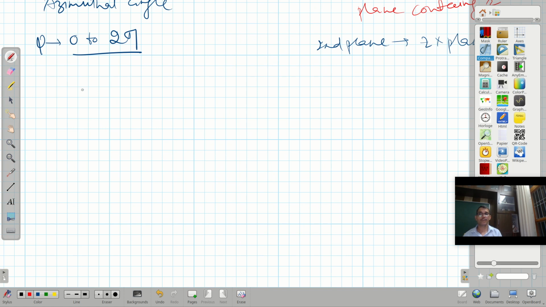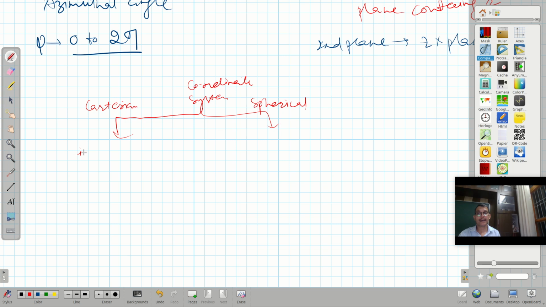There is a difference between the Cartesian coordinate system and the spherical polar coordinate system, let us have a look at that. Cartesian and spherical, these are the two coordinate systems about which I am talking here. So one is this one and another is this one.